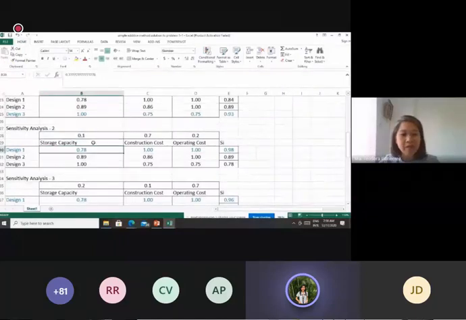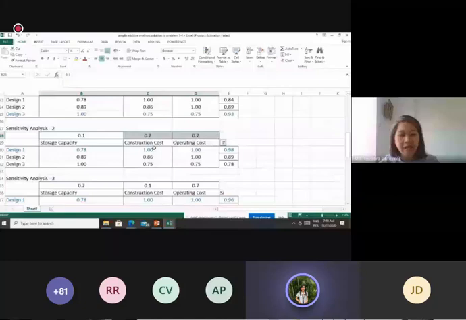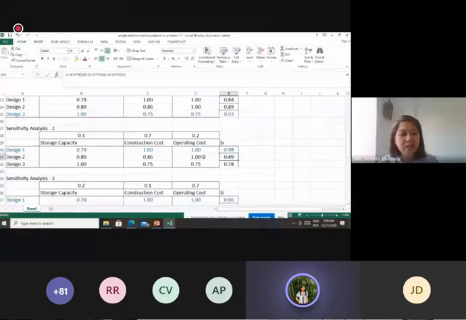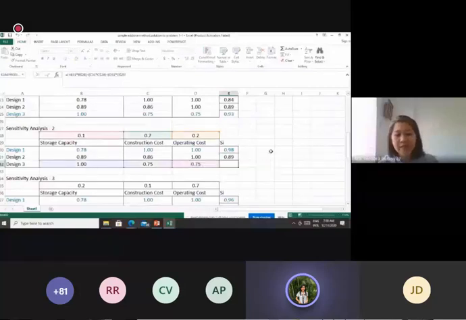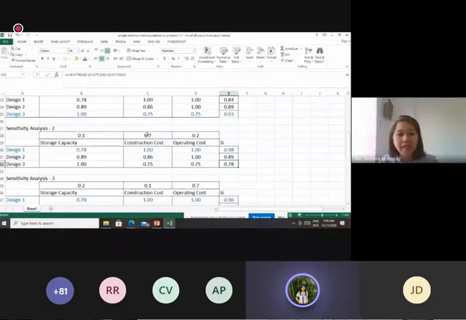So this now is my new weights for my criteria. And to get it, 0.78 times 0.1 plus 1 times 0.7 plus 1 times 0.2 is 0.98. So the same with the other two designs. We've got 0.98, 0.89, and 0.78. So prioritizing construction costs will lead you to design 1 as your best option.